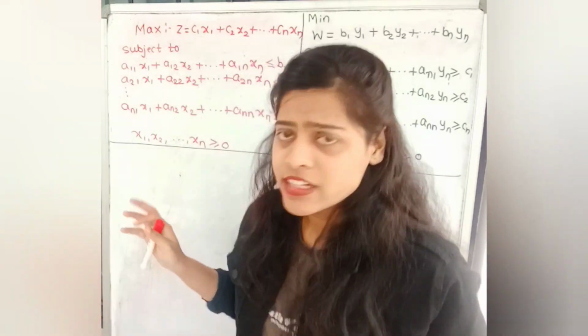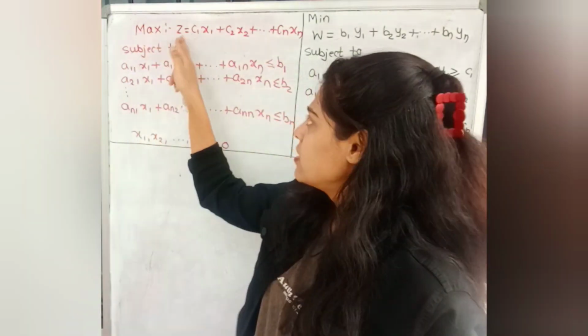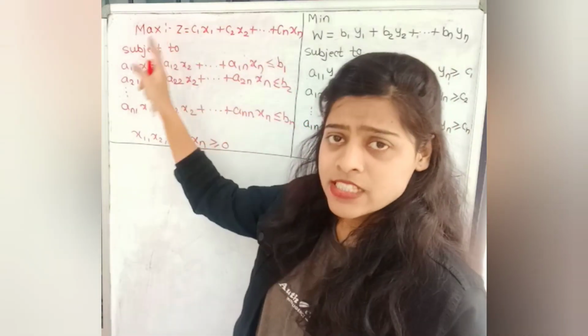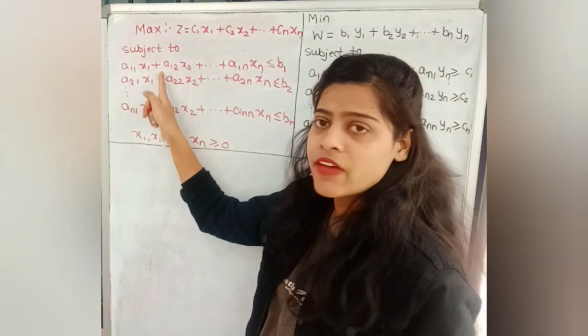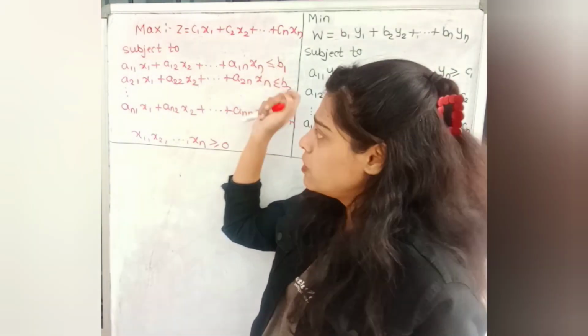For that purpose, firstly we have to consider the standard primal LPP and the corresponding dual LPP. So firstly we consider an objective function of maximization type, that is z = c1x1 + c2x2 + ... + cnxn subject to the constraints. First constraint is a11x1 + a12x2 + ... + a1nxn ≤ b1.